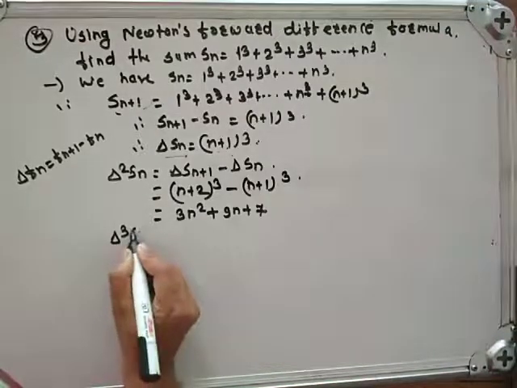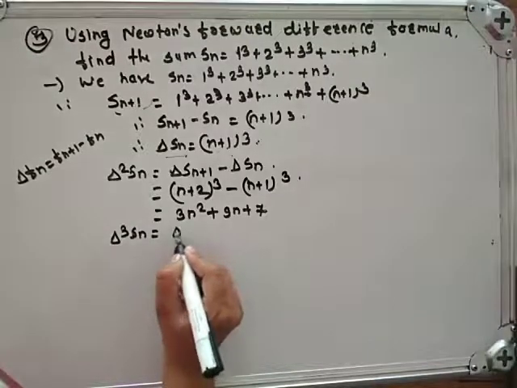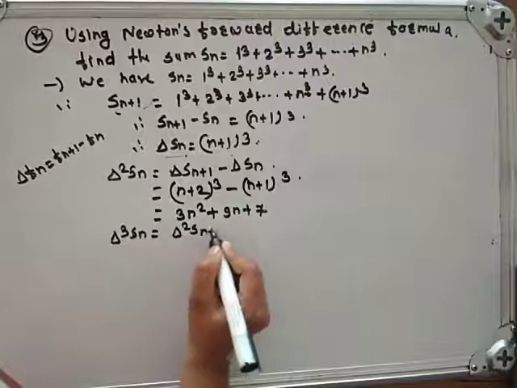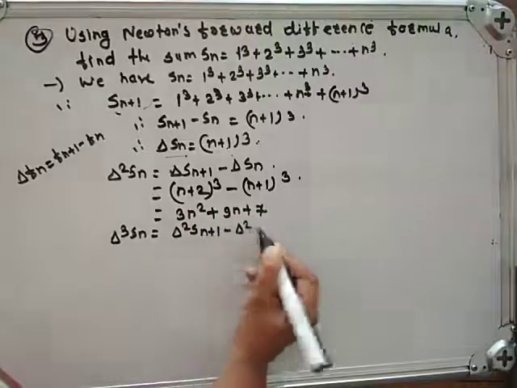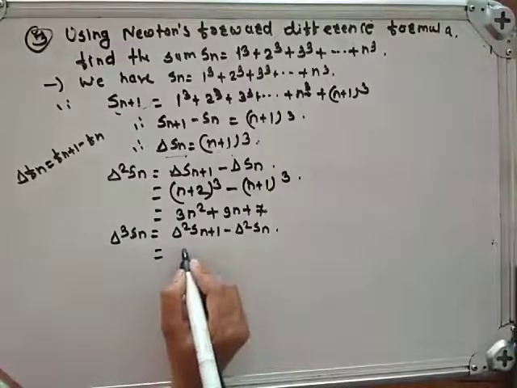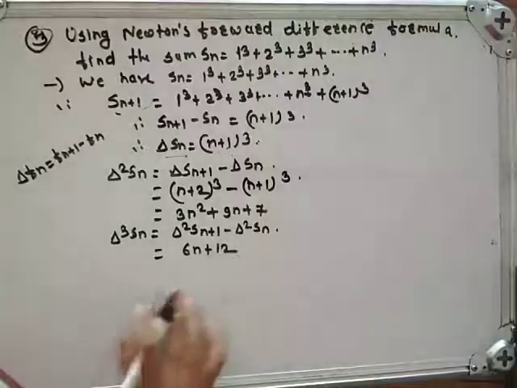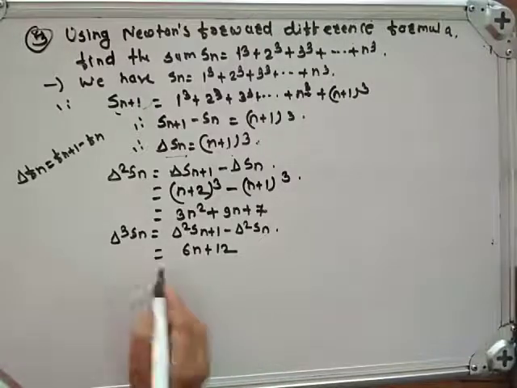Next, calculate delta cube Sn, which is equal to delta square S(n+1) minus delta square Sn. Again simplify this, this is homework for you, which is equal to 6n plus 12.